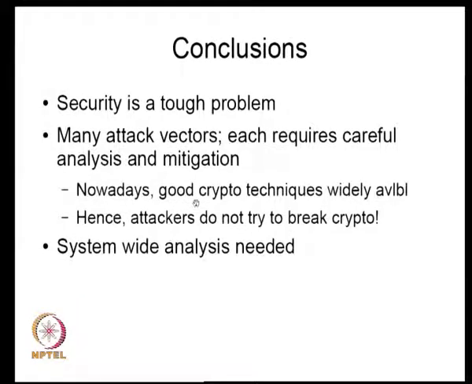Cryptographic mechanisms have been widely used and they are reasonably good. Mathematicians and others have worked on it quite a bit, so crypto techniques are quite good. The real problem is that because they are so good, nobody who wants to crack a system will try to crack the cryptography. They will crack the easier parts. So nowadays cryptography is no longer an important issue for most people, because you can assume that nobody is trying to crack it through that route.